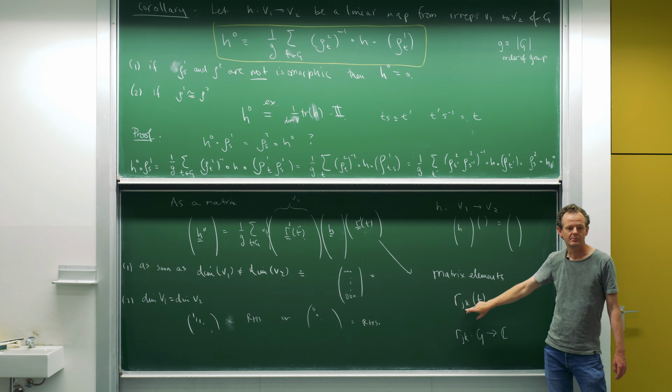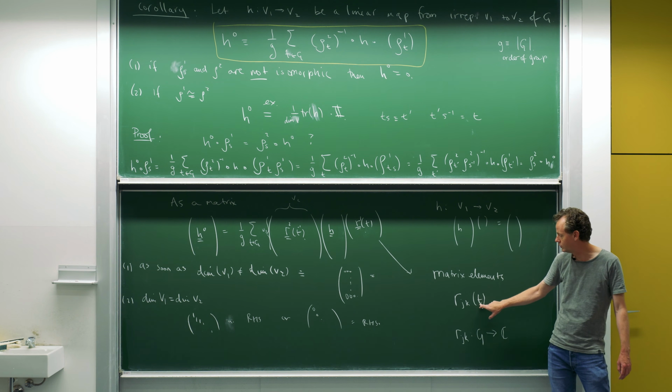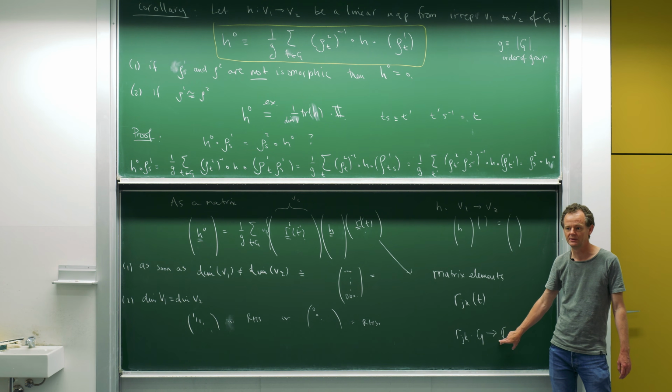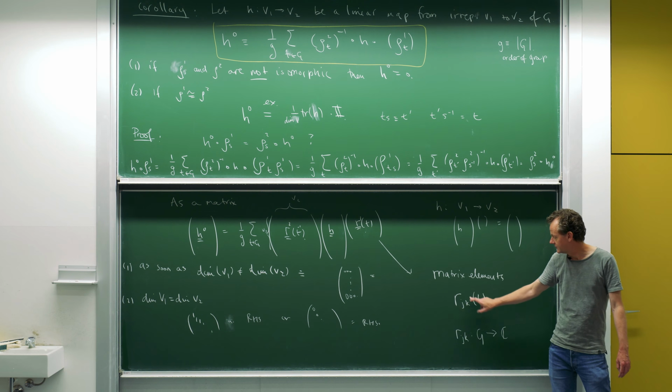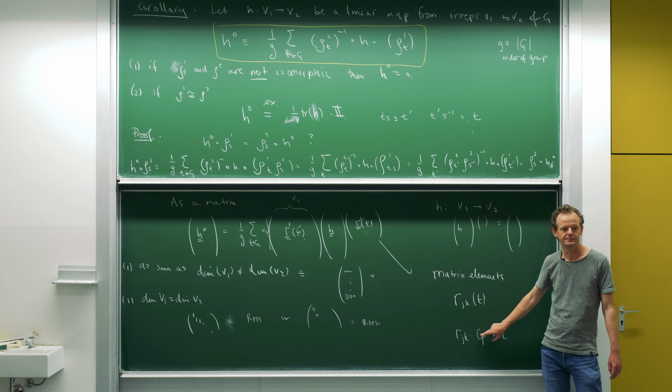Each matrix element RJK is a little machine. You give it a group element and it gives you a complex number, otherwise known as a complex wave function on the group. And further, we're going to learn from this one result that the set of all these matrix elements gives you a basis for the regular representation.